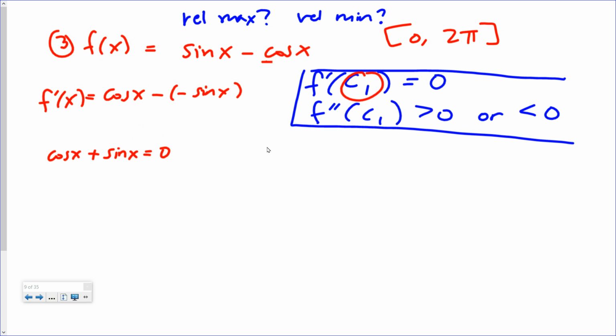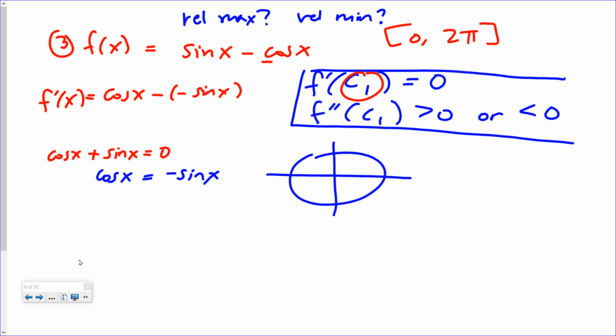Does that make sense? So for the second derivative test, you really just need to find the critical point where the slope is 0. You notice, it doesn't say where the slope is d and e. It's where the slope is 0. So you set this equal to 0 and solve for x. Since you guys asked for this problem, it's going to be a little bit harder to solve for x. To solve for x, this means x is some angle where the cosine value is equal to the negative of the sine value.